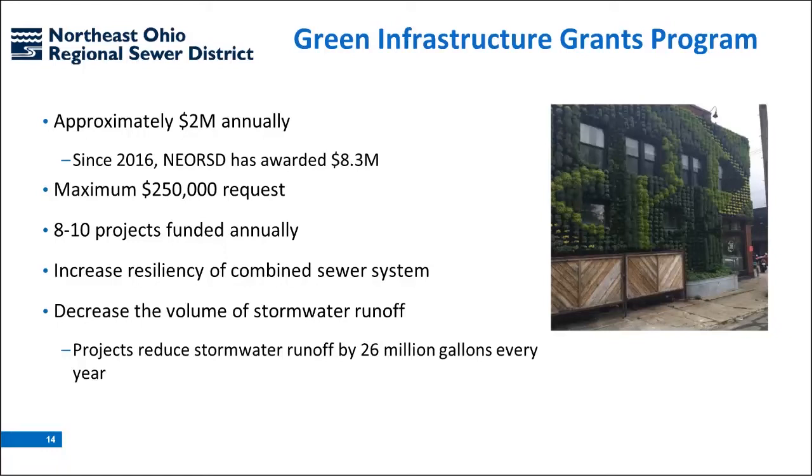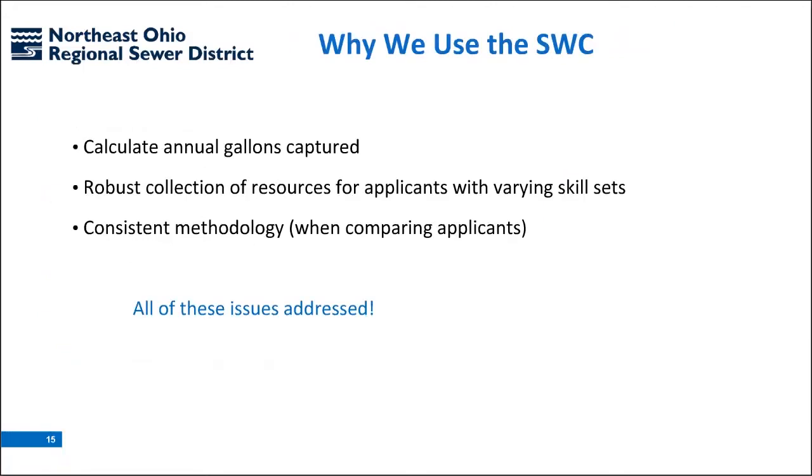The projects that we have constructed and worked with applicants on, and that are planned for this upcoming year, total an estimated annual reduction of runoff of about 26 million gallons. And those numbers directly result from the Stormwater Calculator effort that we have with the program.